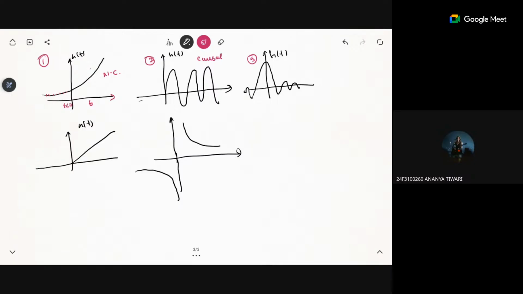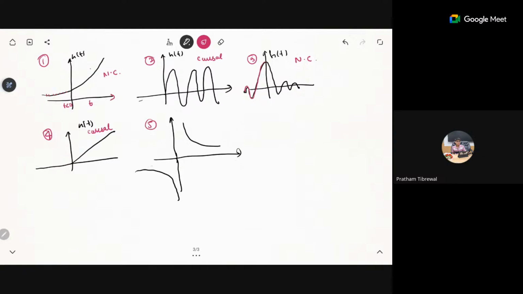Non-causal. Very good. Non-causal, because it again has non-zero elements on the left side. Fourth one, unit ramp signal. Causal. Right, it is causal. Now the fifth one.